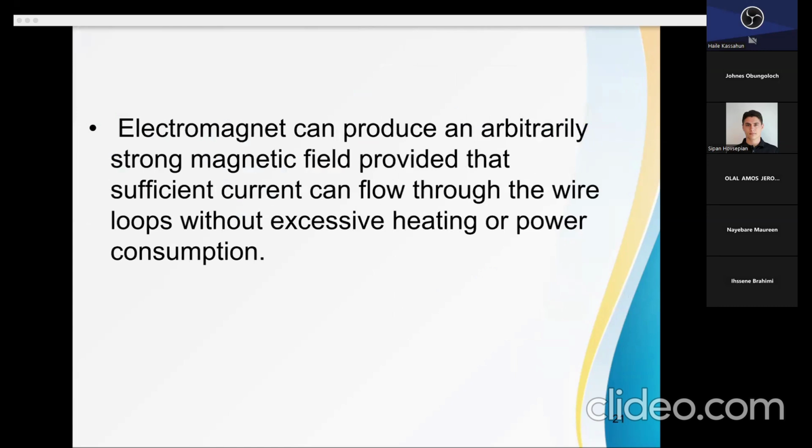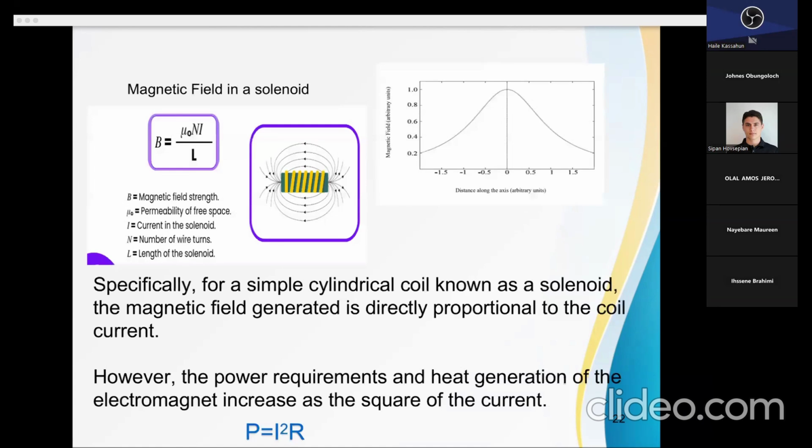But electromagnets can produce relatively very high or strong magnetic fields, so long as they can drive sufficient current through the wire without excessive heating or a lot of power being consumed within the systems. Many of the coils that generate the magnetic fields are solenoid coils.